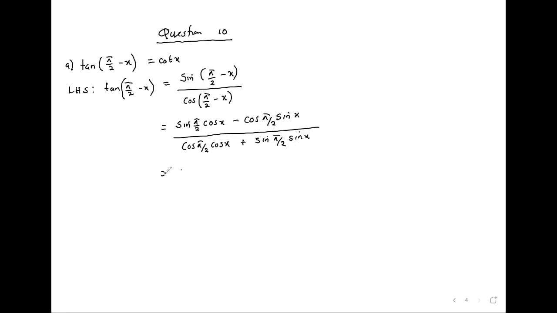Sin 90 is 1, so we get cos x. Cos 90 is 0, so we get 0 there. And this is cot x.